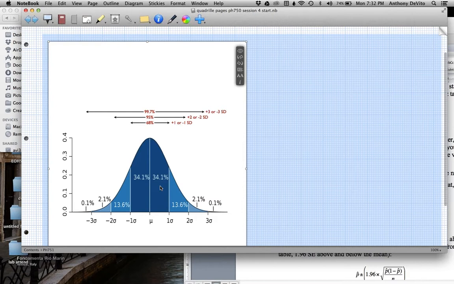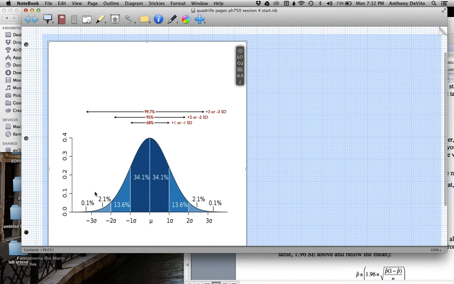So our experience tells us that if I have a normal distribution, and now remember, if I'm dealing with a distribution of sample means, these sigmas are really standard errors, rather than standard deviations. I have a reasonable expectation that if I take a sample from a population, 95% of the time I will get a result that's within 2 standard errors below the mean and 2 standard errors above the mean.